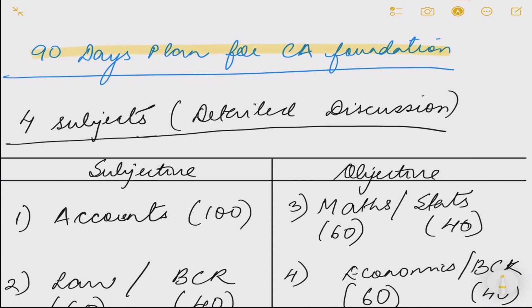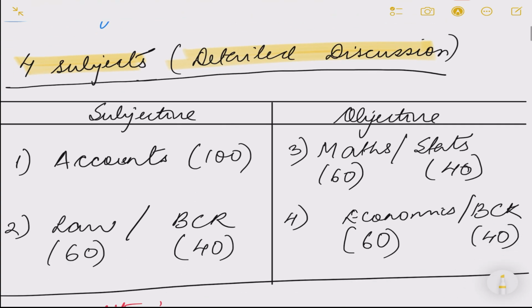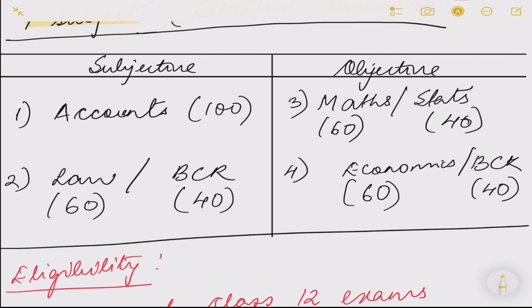So let's get started. So students, 90 days plan for CA Foundation. In CA Foundation course, you have got 4 subjects about which we will discuss in detail, each and every subject and each and every chapter from each paper. For a start, we have got 2 subjective papers and 2 objective papers.